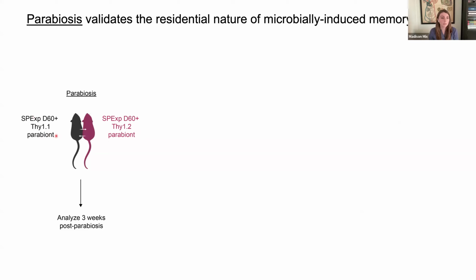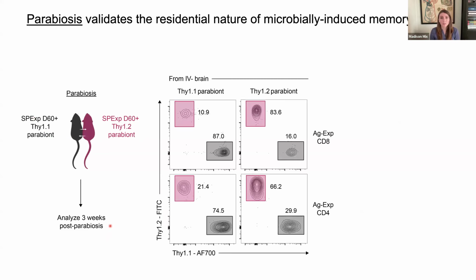So we had a Thy1.1 parabiont on the left, a Thy1.2 parabiont on the right. These mice were then surgically joined via parabiosis, such that they will form anastomoses, where blood will flow and form a shared circulatory system. And then 3 weeks later, we analyzed our tissue once we were able to confirm equilibration between the two hosts.